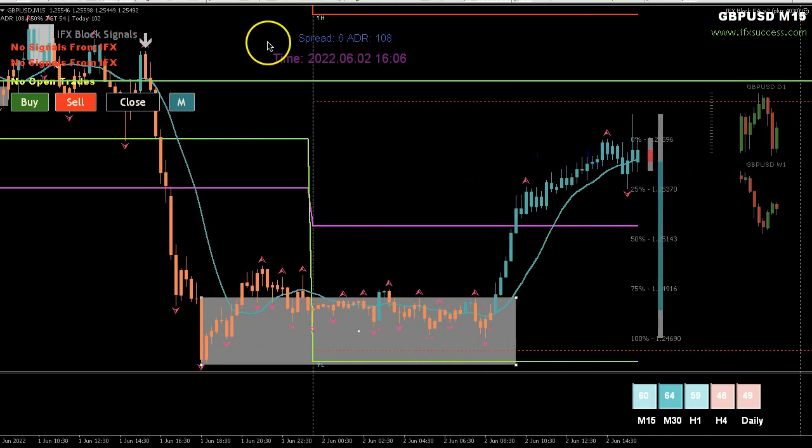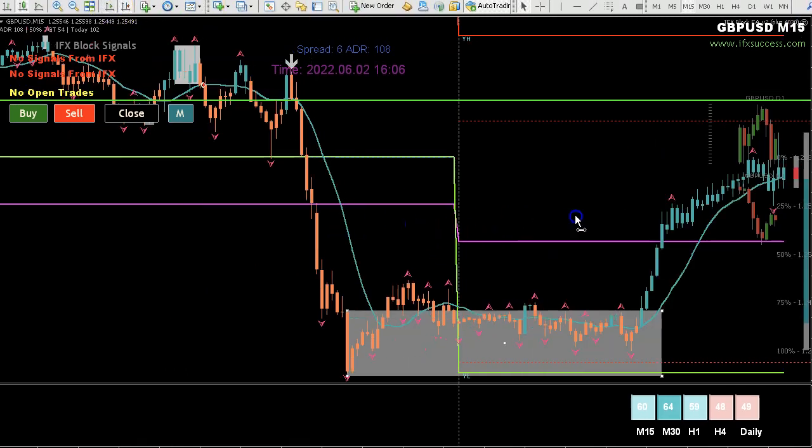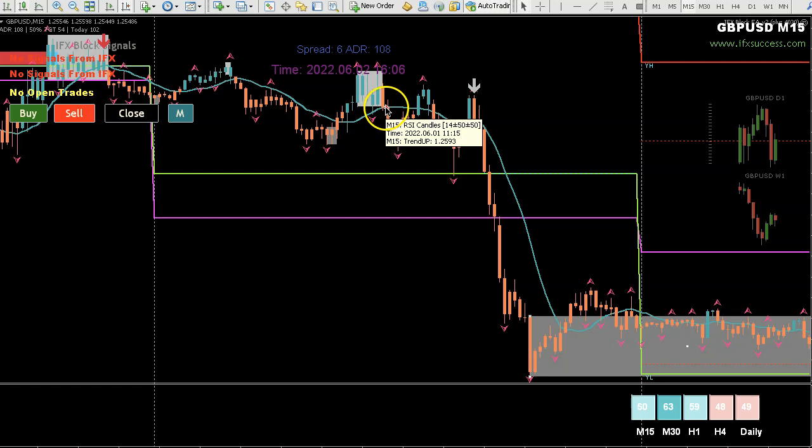Here's another example that I want to show you. Right over here, I'm just trying to move this up. Okay, so let's go backwards just a little bit. Here's an entry that the EA made for me on the criteria for strategy, I believe number 2, because we were below the mid-level.